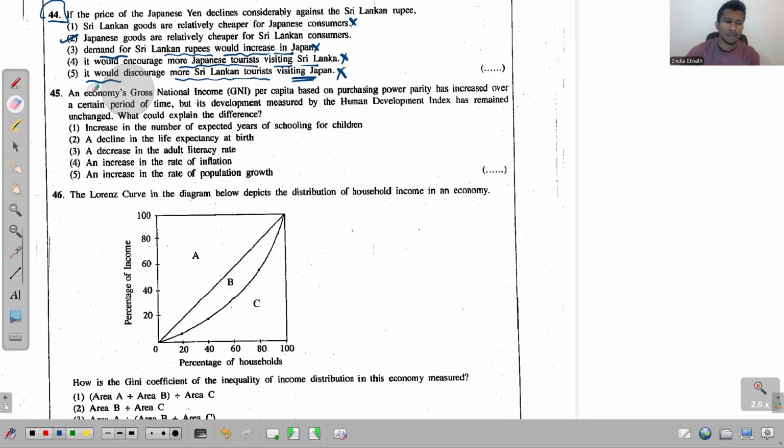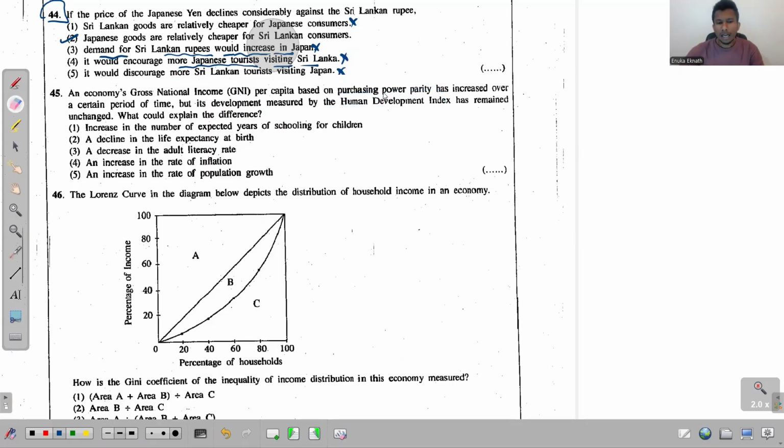Okay, so this is how we need to think about this. We will check how to calculate the Human Development Index. Once you recognize how to find it, we can recognize what has happened in this given situation. So let me show you the note related to that.